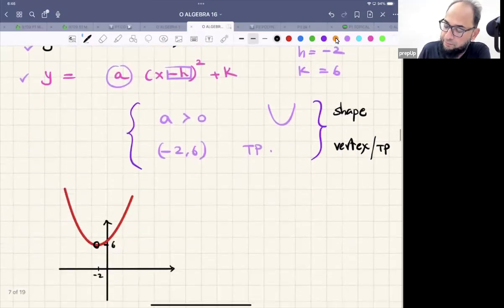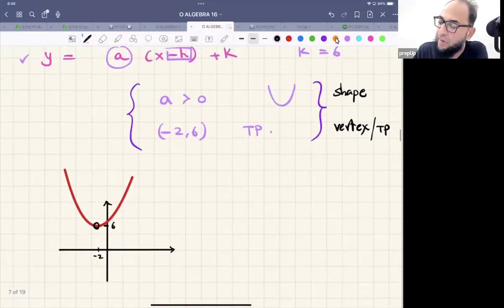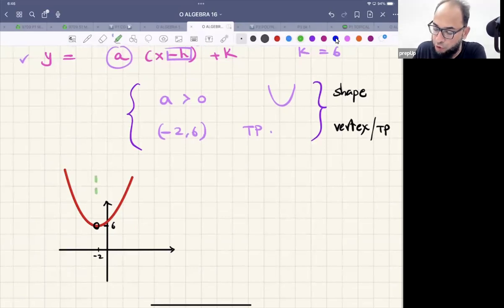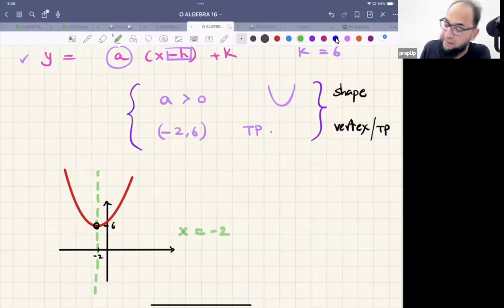Over here, x equals minus 2. So let me focus on this and draw this line like this. It's a little bit messed up. So therefore x equals minus 2, that's the line of symmetry.